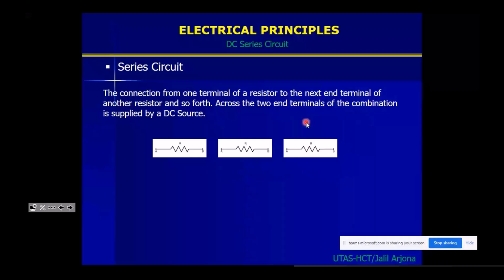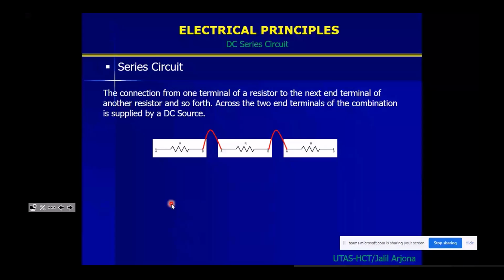I need a wire, so I connect from one end to the next. I need another wire. So this is called a series circuit. All the components are connected in series. So what do we need to become a complete circuit?